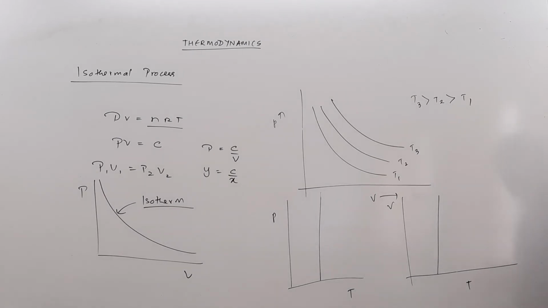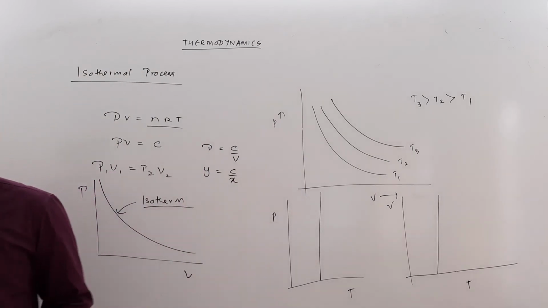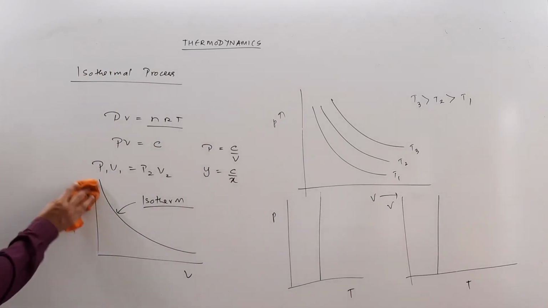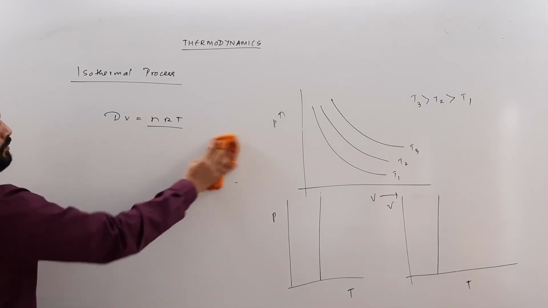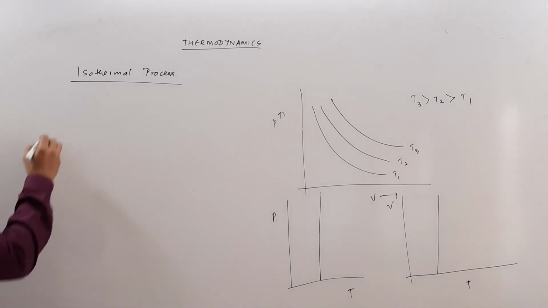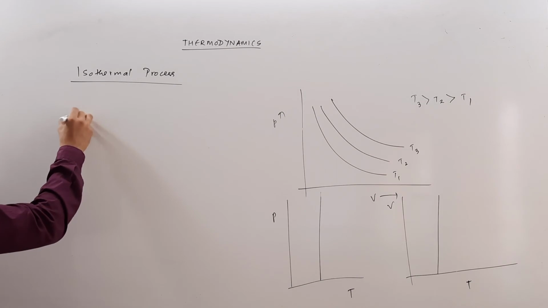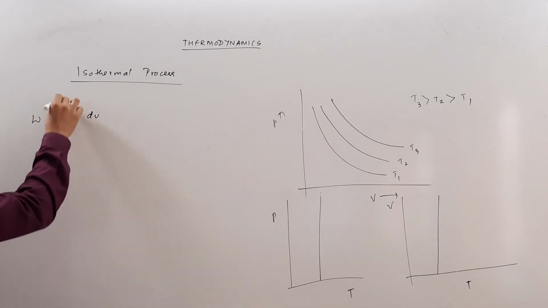Now after we do this, let's calculate the work done. Work done in this process is going to be slightly different. Let's see how to do it. We know that volume is changing, and this is the basic equation of work done, integrating from V initial to V final.